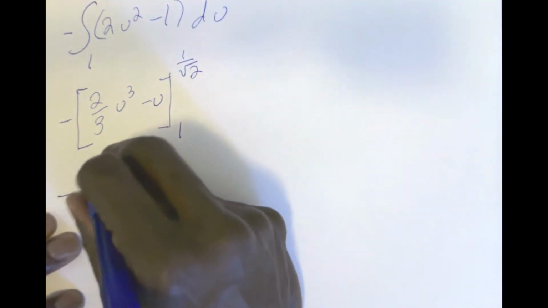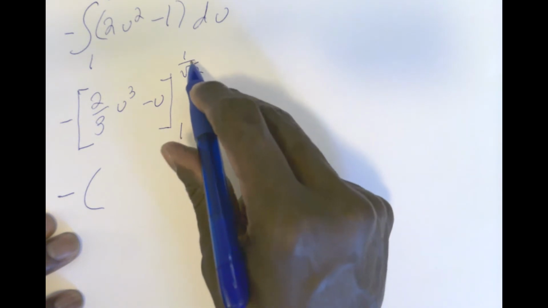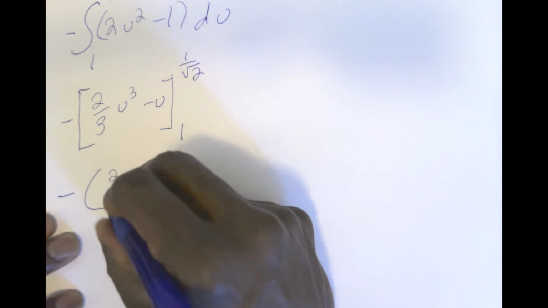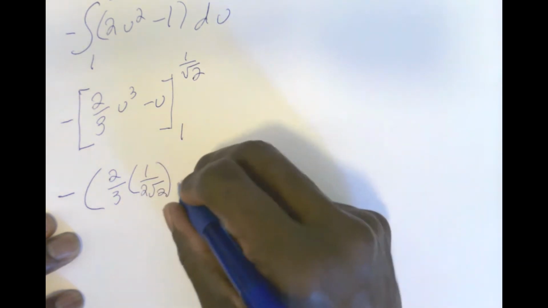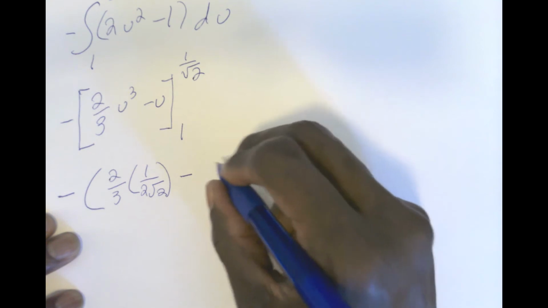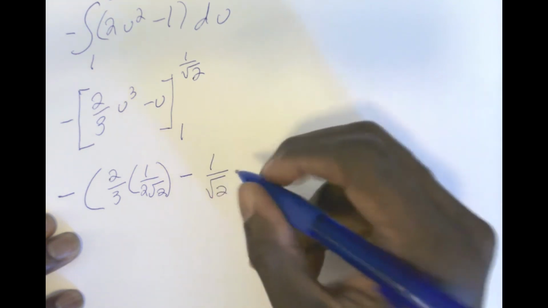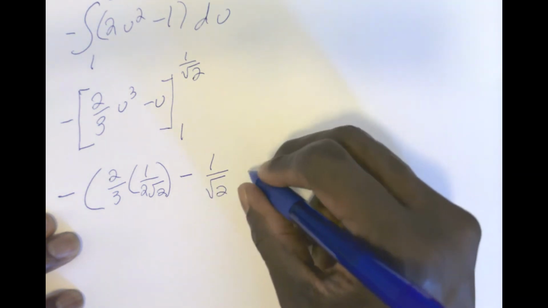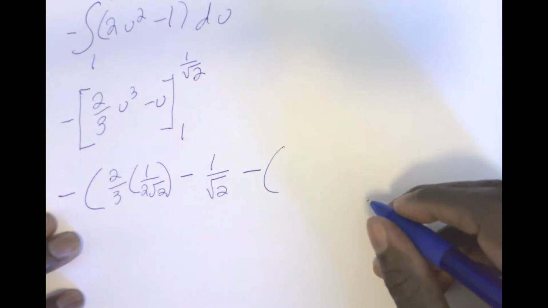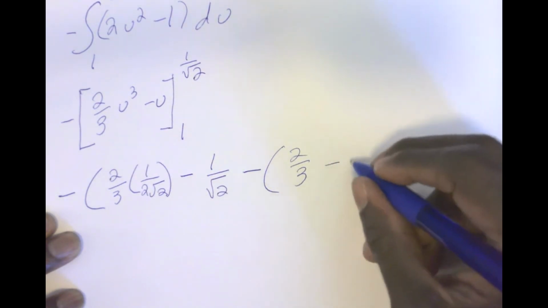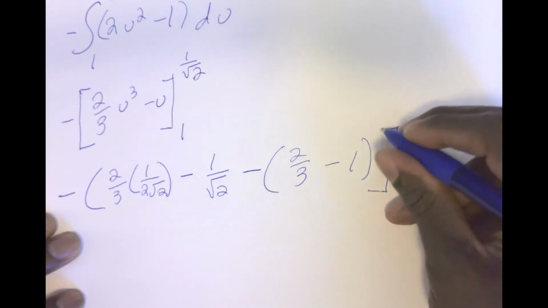So I still have this minus sign outside of here. So 1 over the square root of 2 cubed is 1 over 2 times the square root of 2. So this is 2/3 times 1 over 2 times the square root of 2, minus 1 over the square root of 2. And then minus, now I'll plug in 1, and of course 2/3 for the first guy, and minus 1 for the second guy.